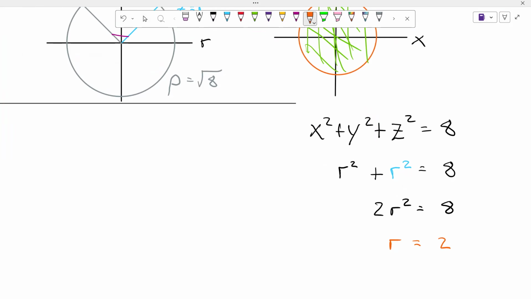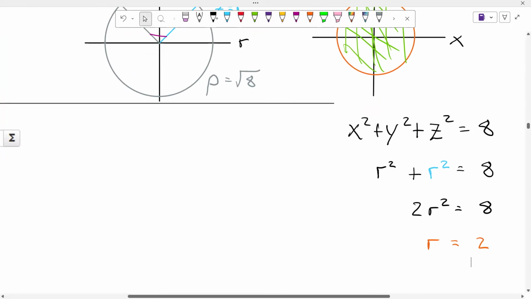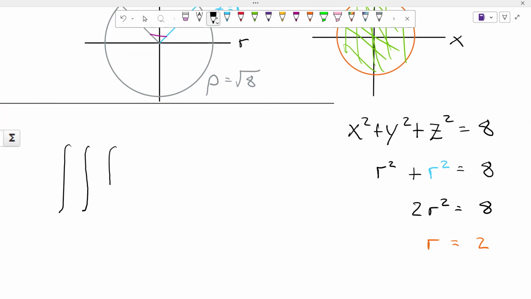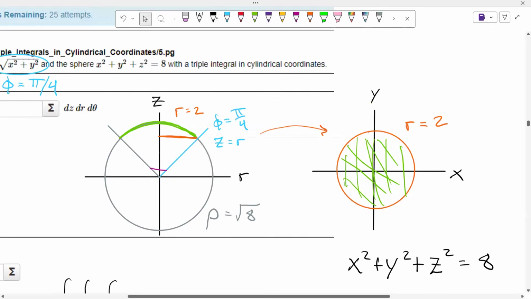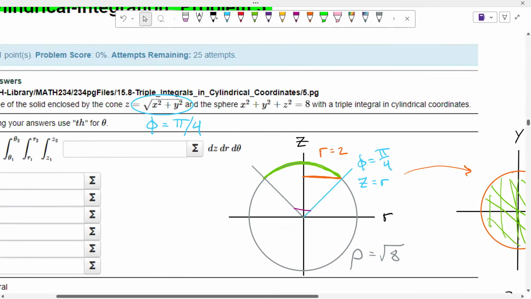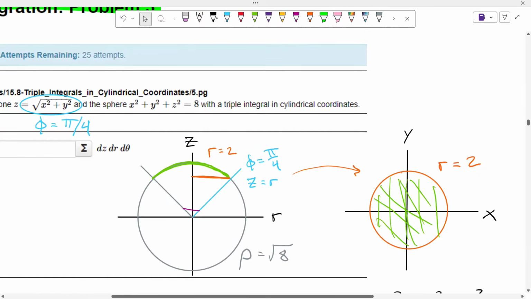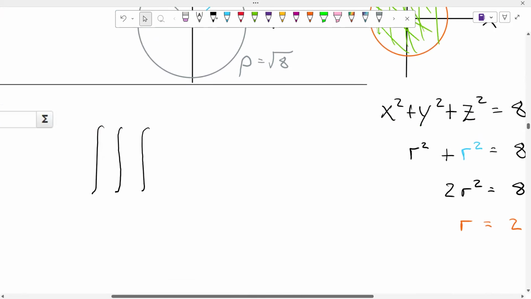So when I set my integral up, we're just looking for volume, right? Yeah, volume of the solid. So we're just integrating dV.